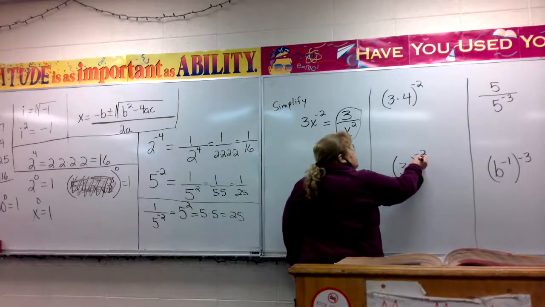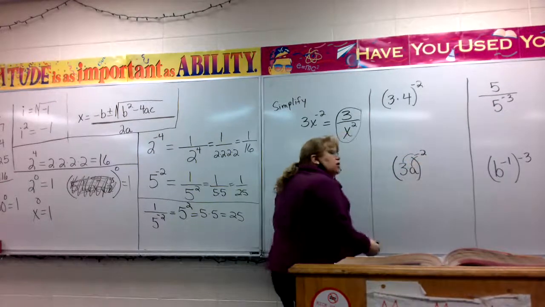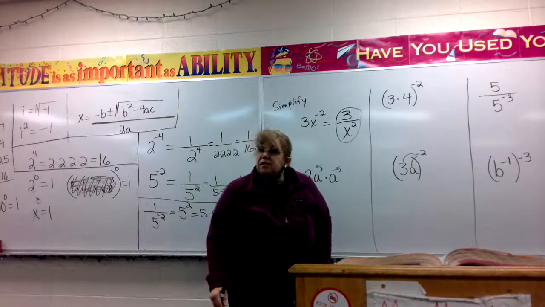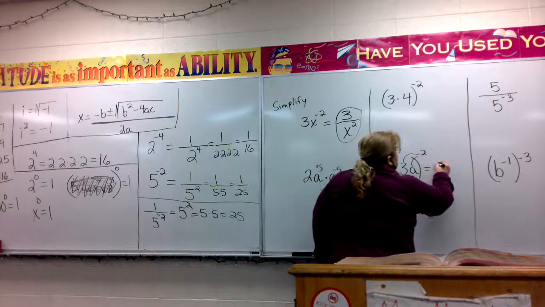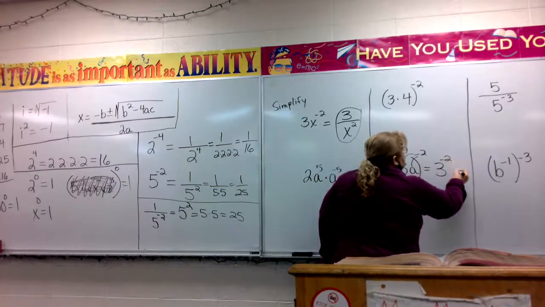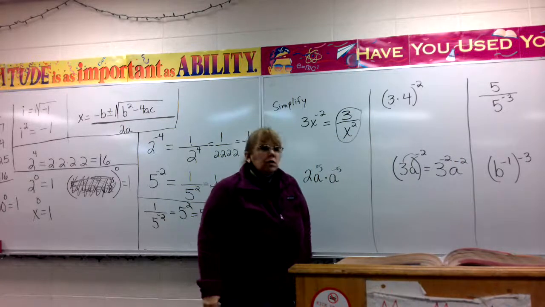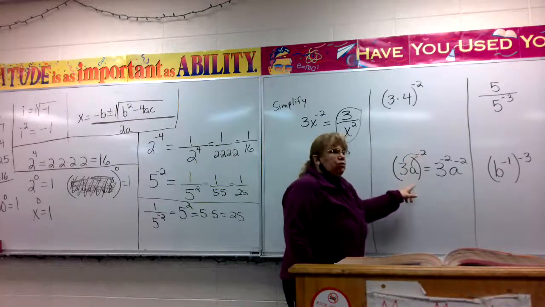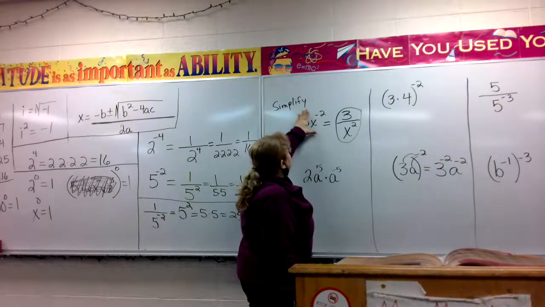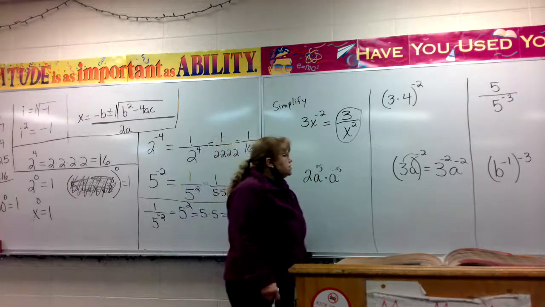This one, remember when you have an exponent outside, that exponent goes with both of those, doesn't it? So this actually means 3 to the -2 and a to the -2, right? Because it's in parentheses, it goes with both of those. This one is not in parentheses, so the exponent only goes with the x, not the 3. Make sense?